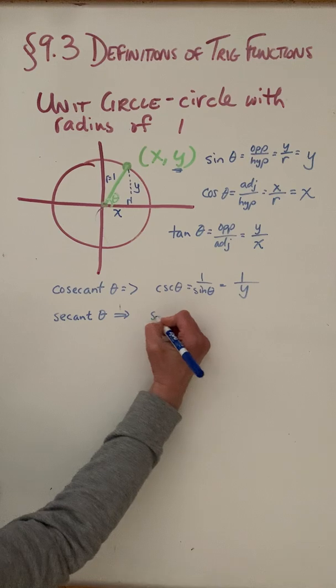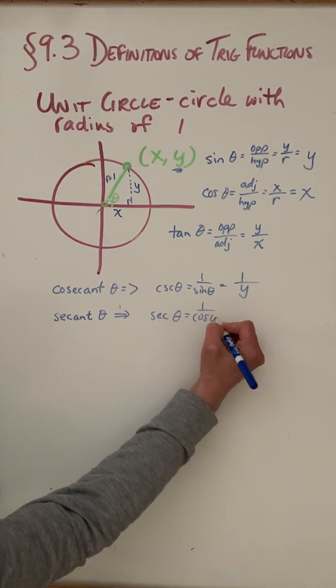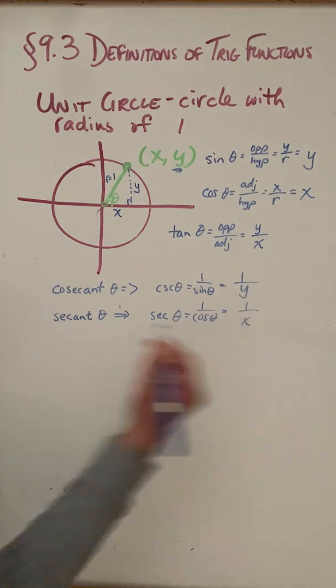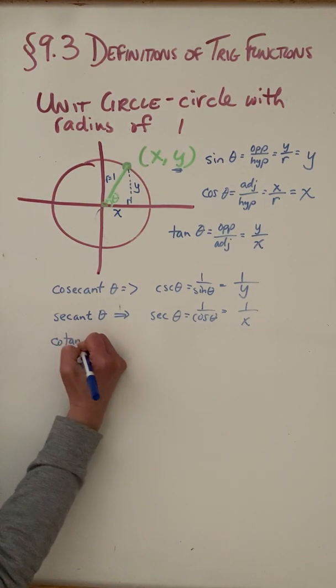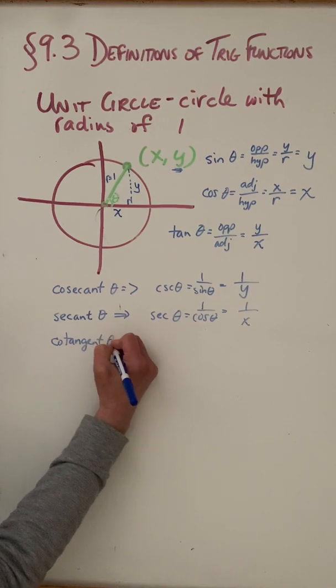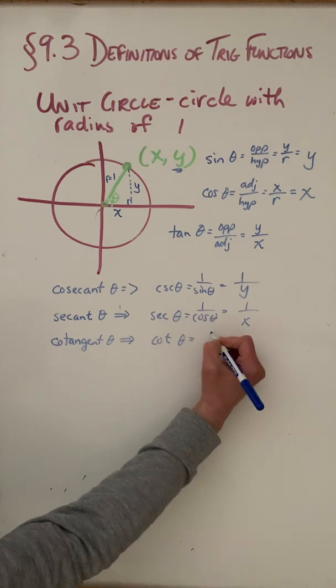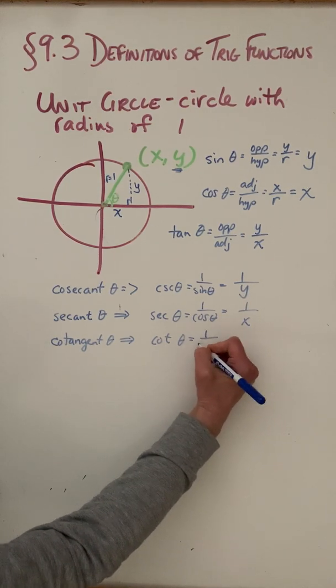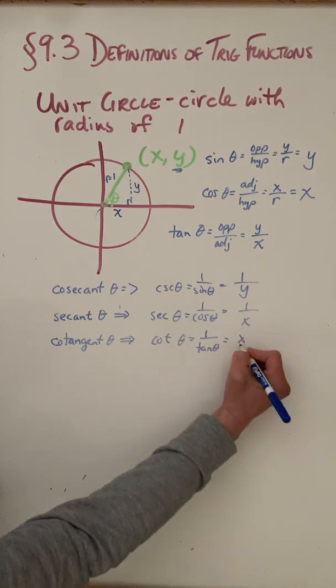So the secant of theta is 1 over cosine theta, or just 1 over x. And then our last one is the cotangent of theta. Cotangent of theta is 1 over tangent, which would make it the reciprocal of tangent, so x over y.